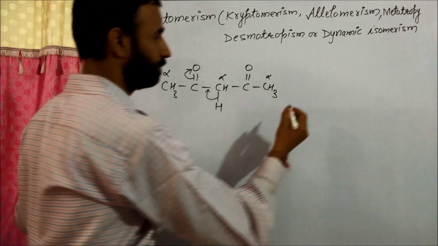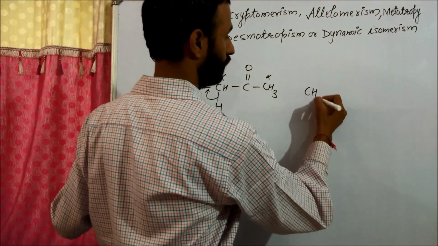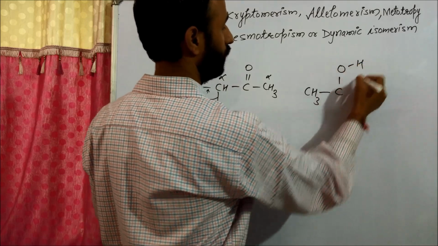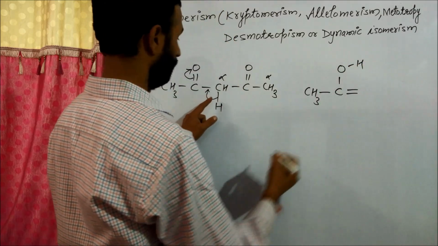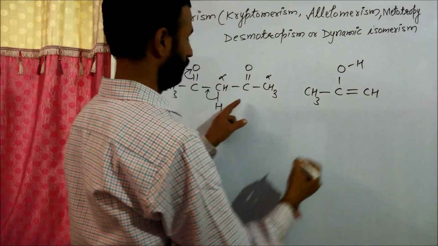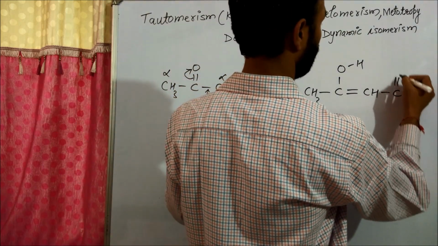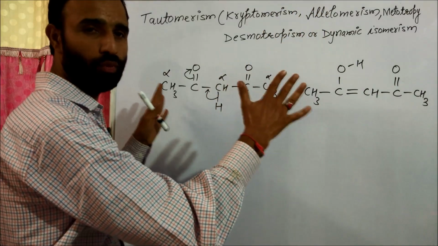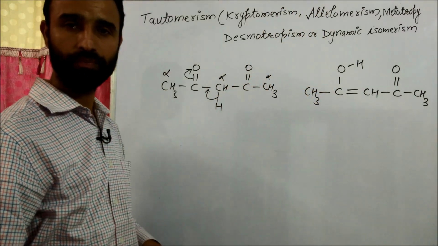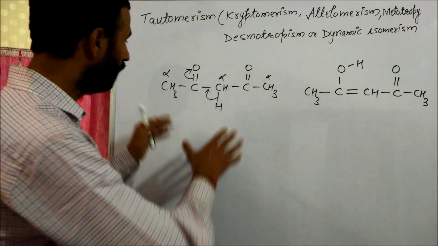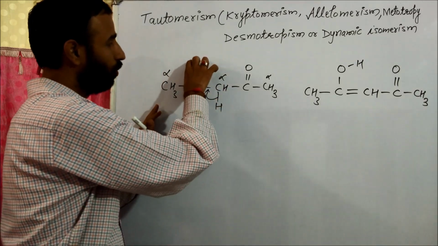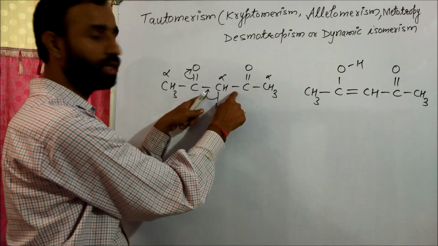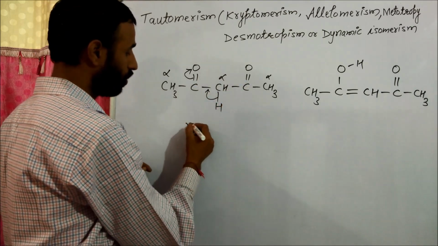Now if it migrates, it is like this. So we get CH3, COH double bond, CH, C double bond O, CH3. Now first look at these structures. In the keto form, this CO is separated from the next CO by two single bonds, means no conjugation.